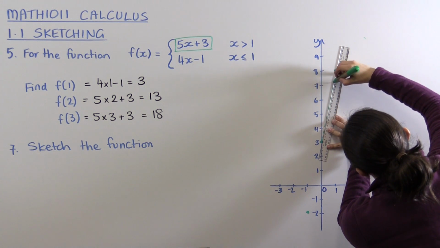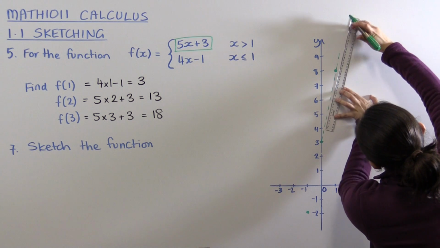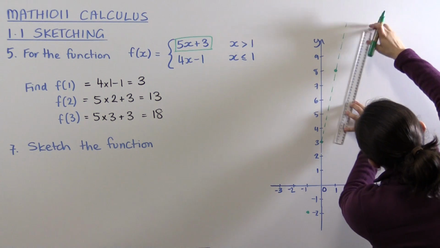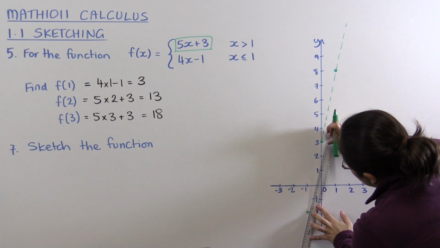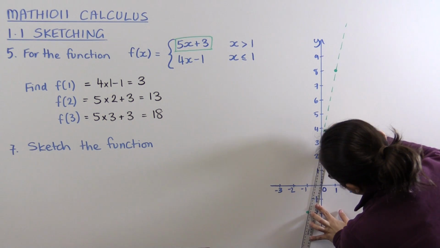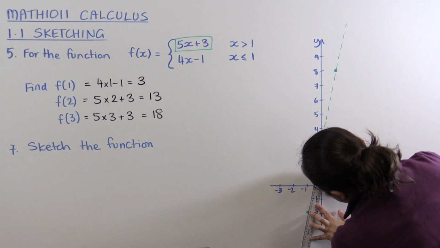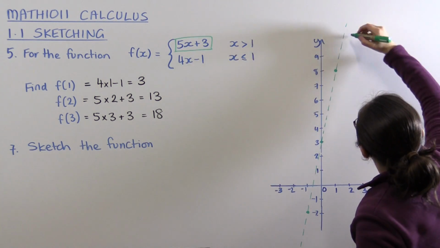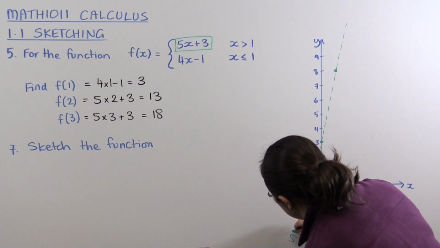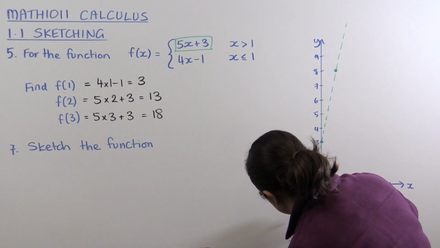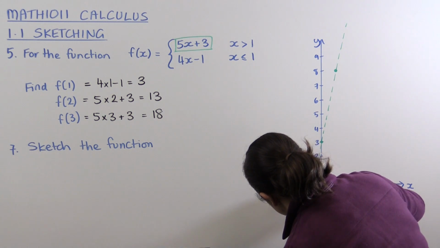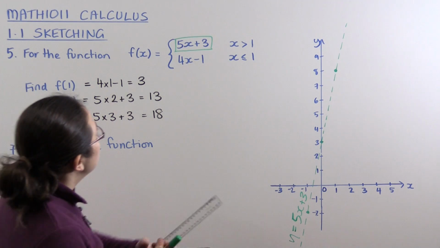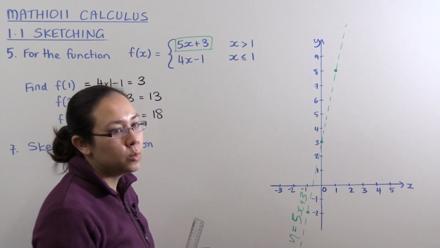I'm just going to draw it dashed here, because in our split function, we don't want this whole line, we just want part of it. So the whole line looks like this. So this is y equals 5x plus 3. But we only want this line when x is greater than 1.